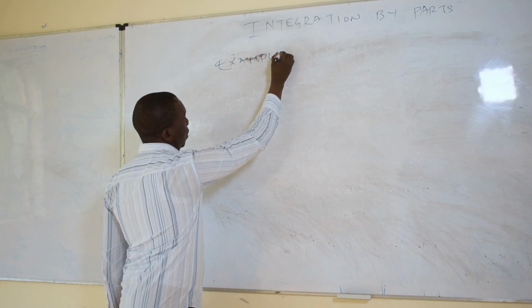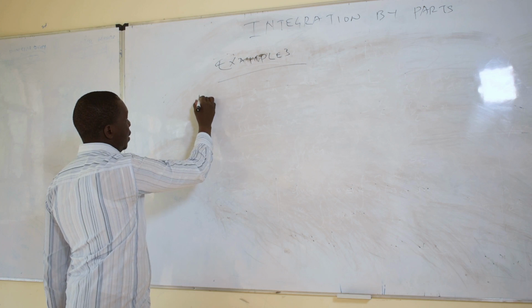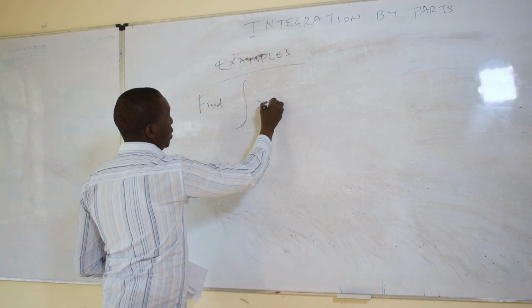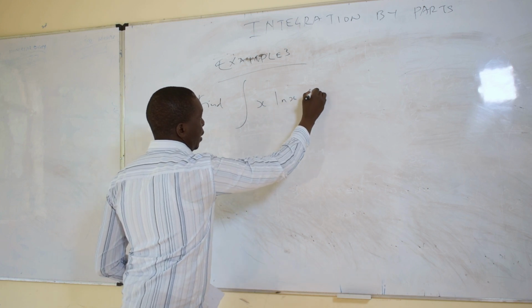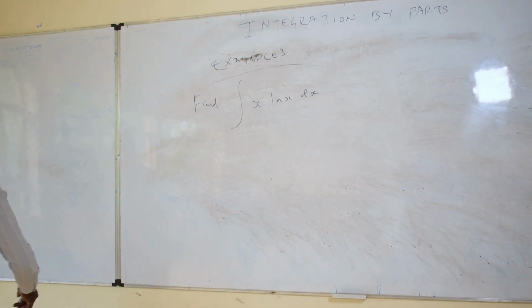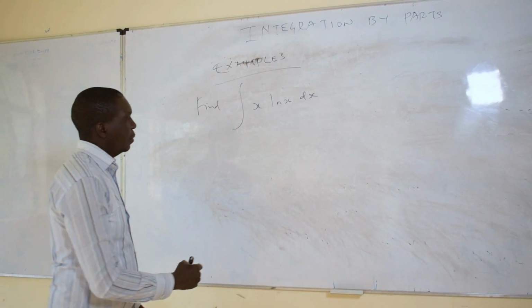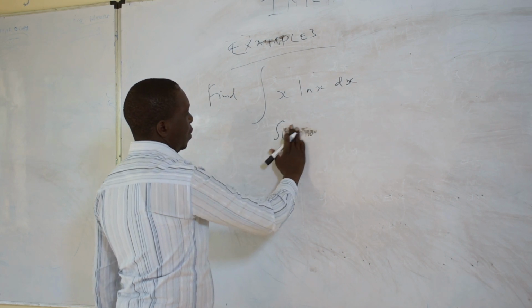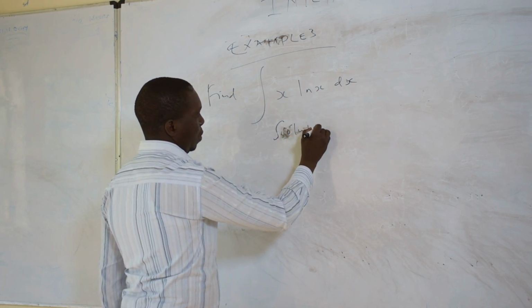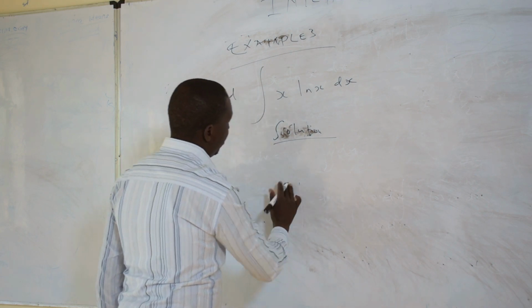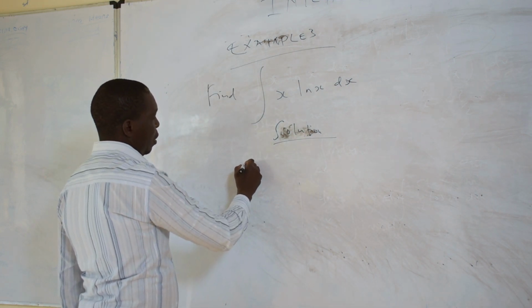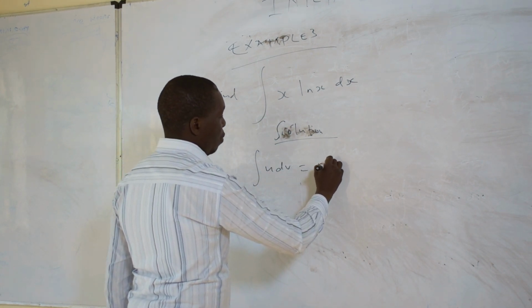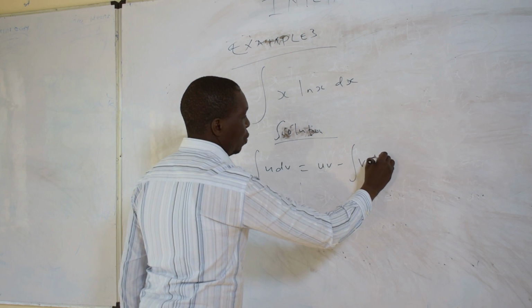Example 3. Find the integral of x natural log of x dx. The solution will be given by the formula of integration by parts: the integral of u dv is equal to uv minus the integral of v du.